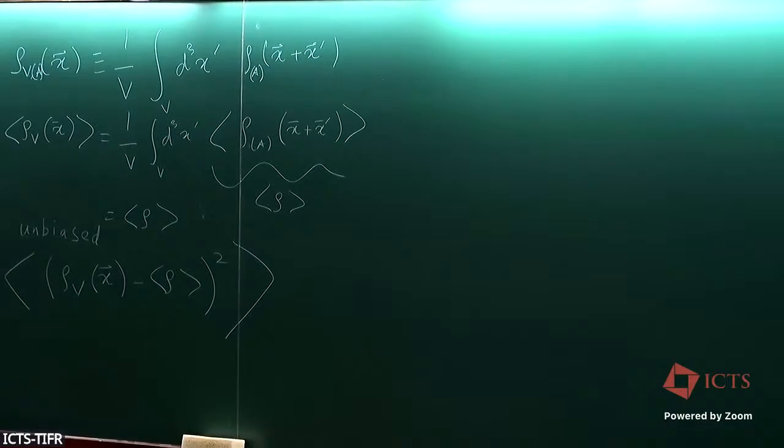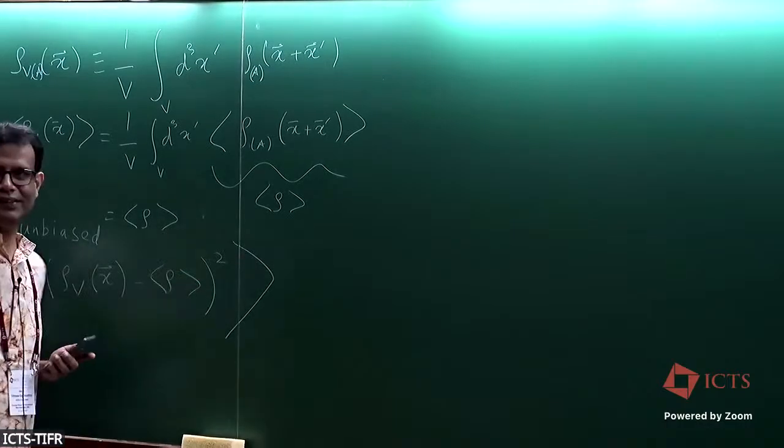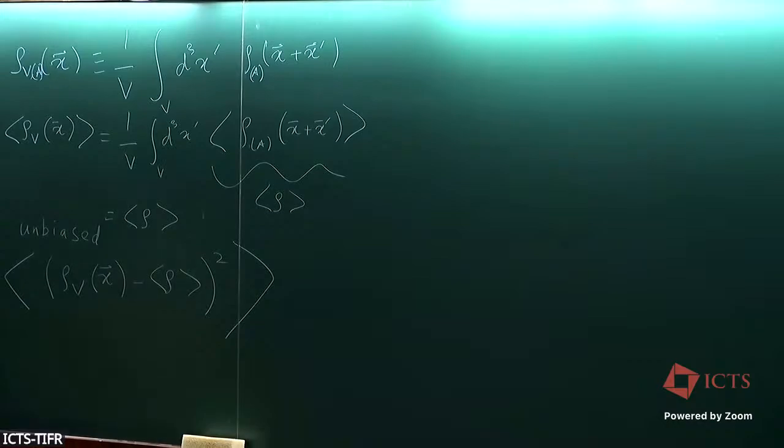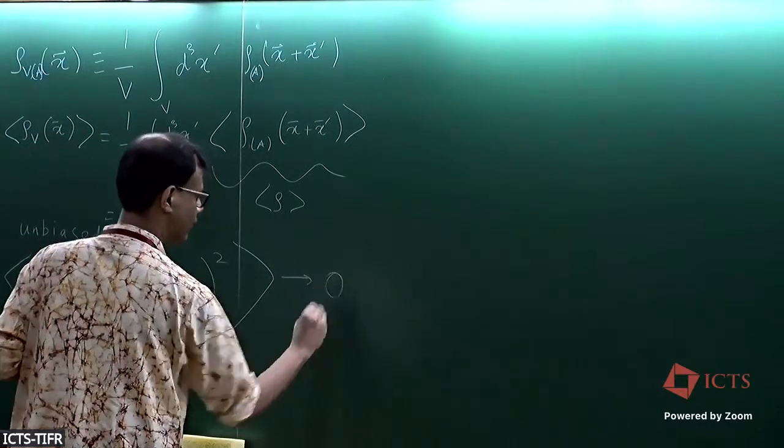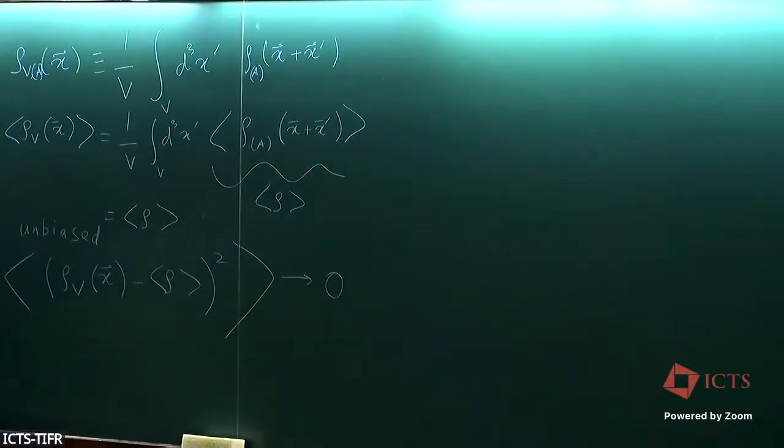Then take another ensemble average. This is the dispersion, and this dispersion should go to 0. The other way of saying it is, we can ask under what condition this dispersion goes to 0, and then we can trust this quantity.